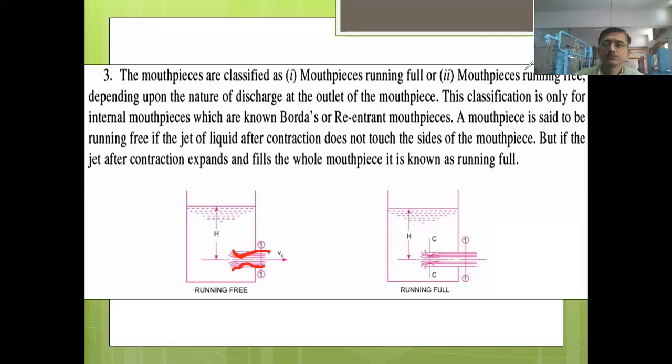In this case, if you observe running free, the water is not touching back the walls of the mouthpiece. So this is an example of running free. Okay, and if it is touching, then the mouthpiece is known as the running full mouthpiece. Okay, so these are the types of mouthpieces.